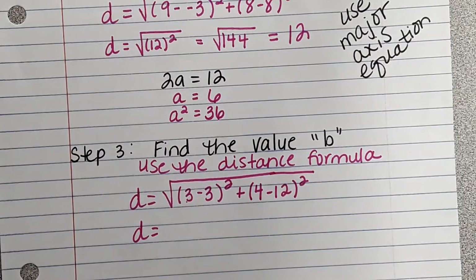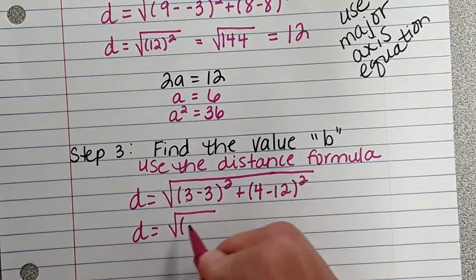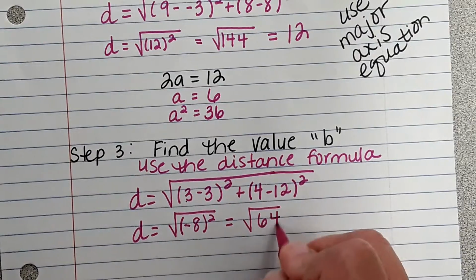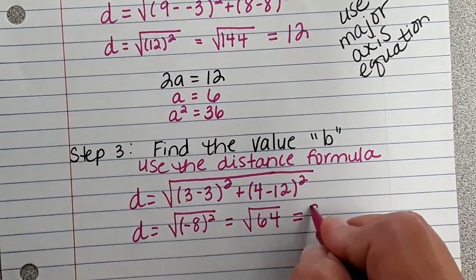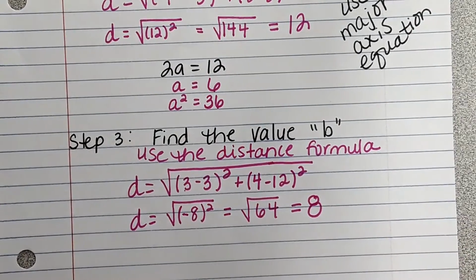Are you guys doing okay so far? What is 3 minus 3 squared? 0. So 0 squared is 0. What's 4 minus 12? Negative 8. What is negative 8 squared? And what is the square root of 64? 8. Okay, now that's the length of our minor axis. So what's the formula for the minor axis?